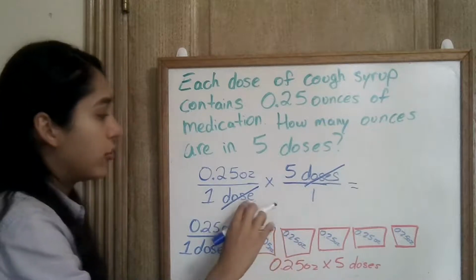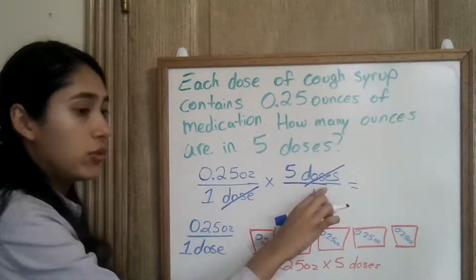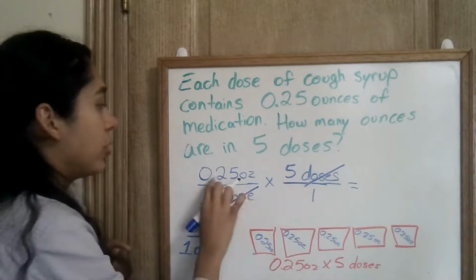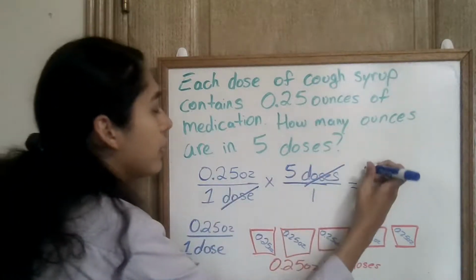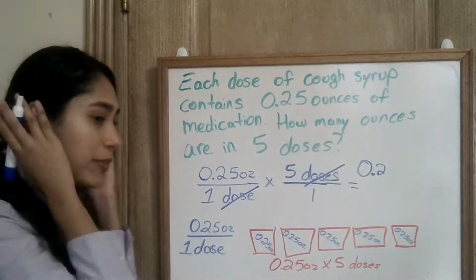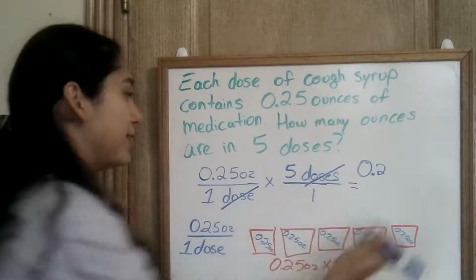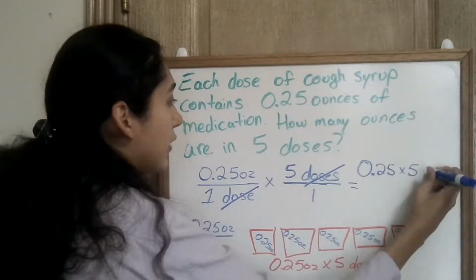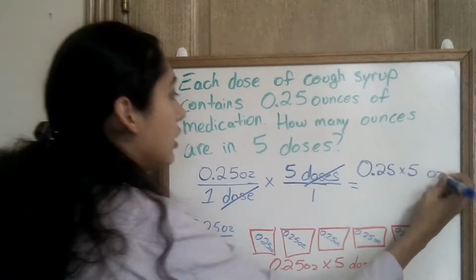I'm just going to cancel where it says dose here and here. And my units are just going to be 0.25 times 5, and my answer is going to be in ounces. If you didn't want to listen to that part, you can uncover your ears now. Right? And I know my unit's going to be ounces.